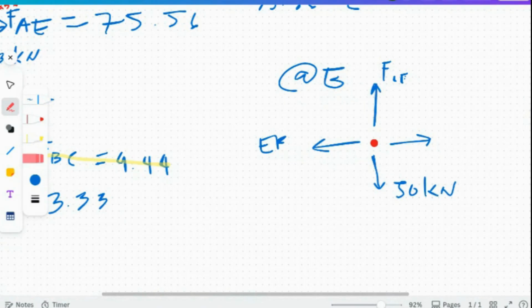Since we're looking for FCF, we'll just have to equate forces vertical, up and down. So in this case, FCF is 50 kilonewtons.